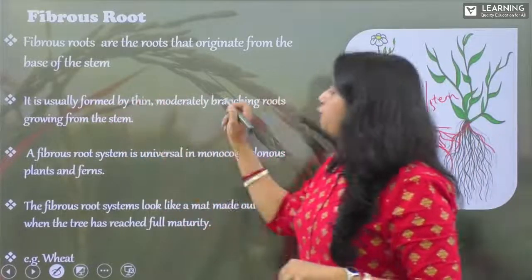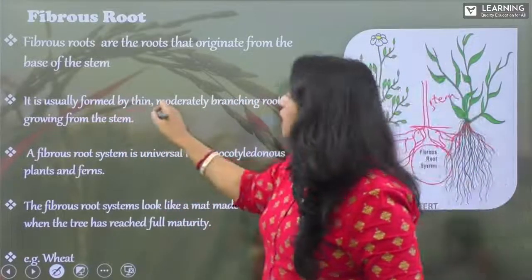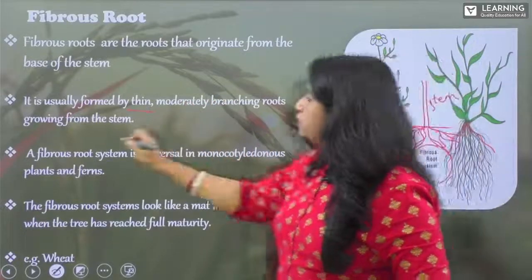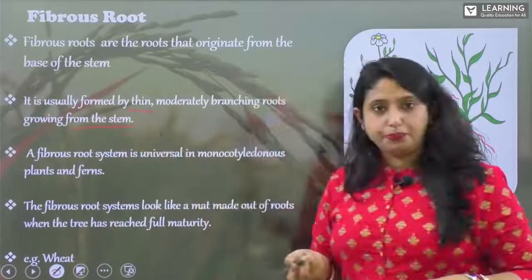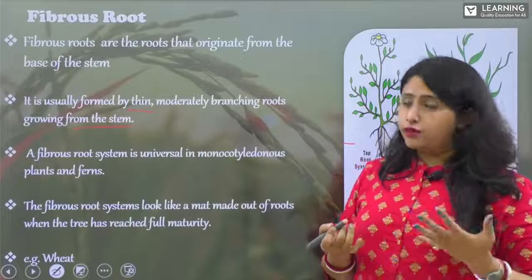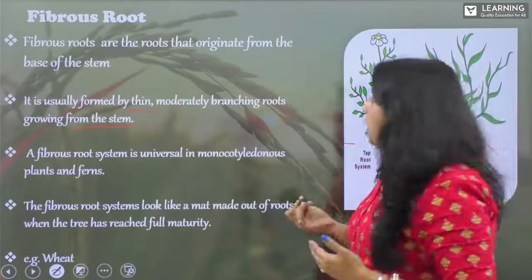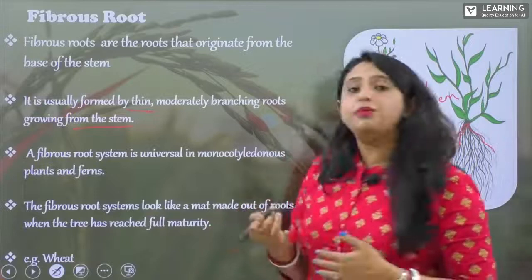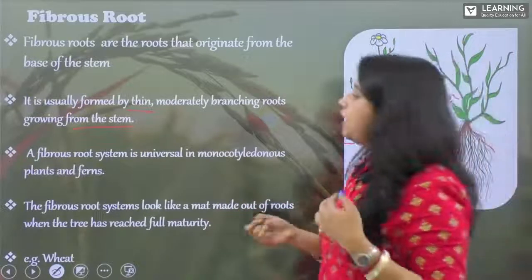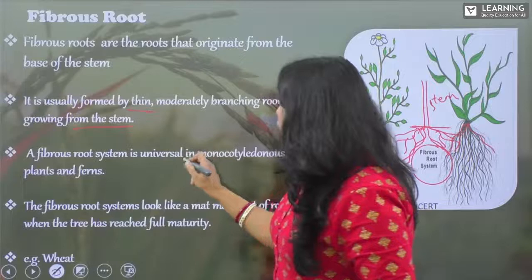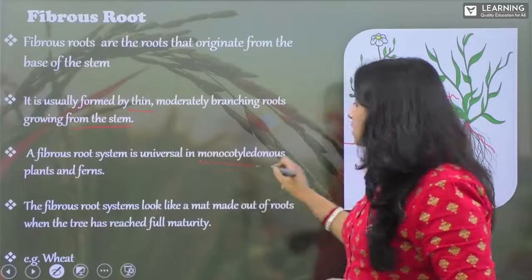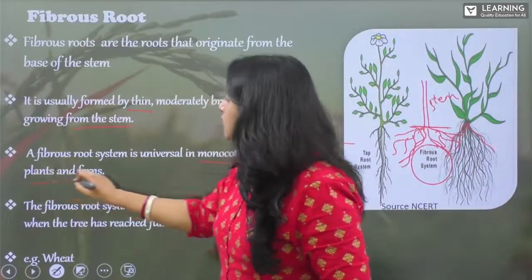It is usually formed by thin, moderately branching roots growing from the stem. Our fibrous root system is universal in monocotyledonous plants and ferns.